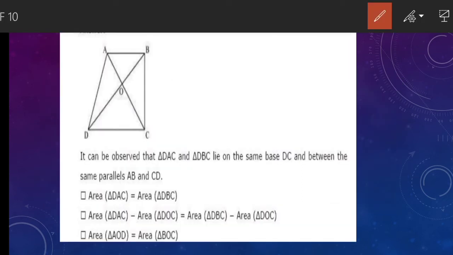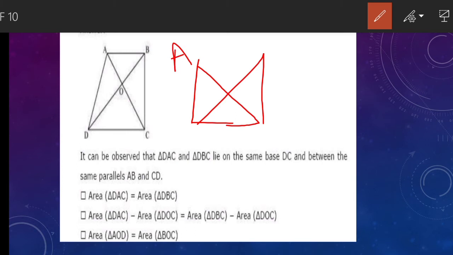We can see the triangle DAC and triangle DBC. So the triangles are like this: DAC and DBC. They are on the same base DC and between the same parallel lines, AB parallel to CD. AB is parallel to CD is already given in the question.